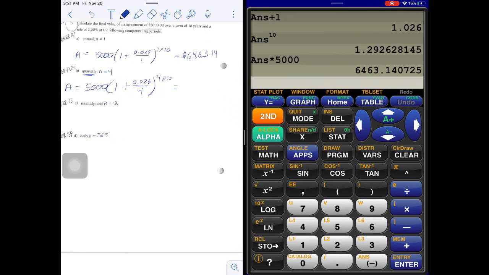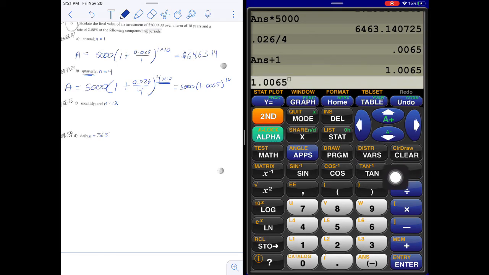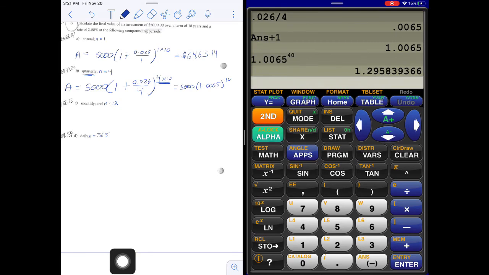So this will be 5,000 times, let's figure out what 0.026 divided by 4 is, and then add 1 to it. So I get 1.0065 to the power of, and now 4 times 10 is 40. So I'm going to take this to the power of, remember, power button, 40.